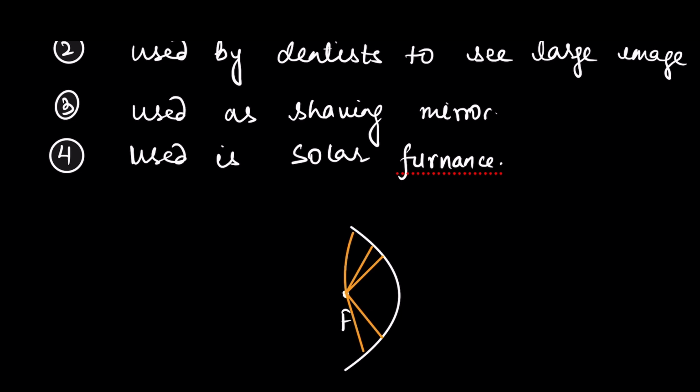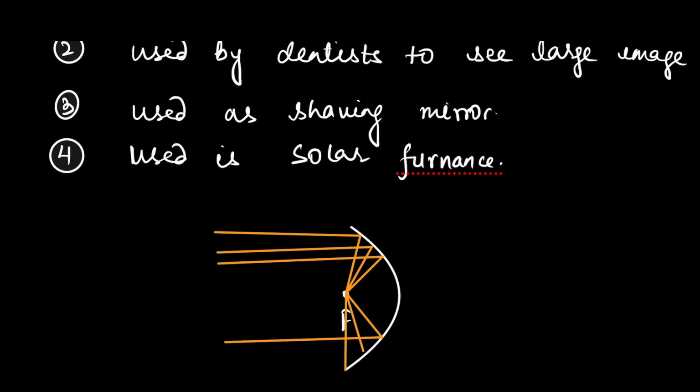We know that when any incident ray comes out from the focus, its reflected ray will become parallel to the principal axis. So all the reflected rays will be parallel to each other. So due to this, we can see an object that is far.